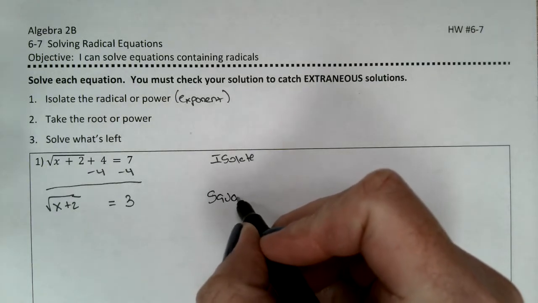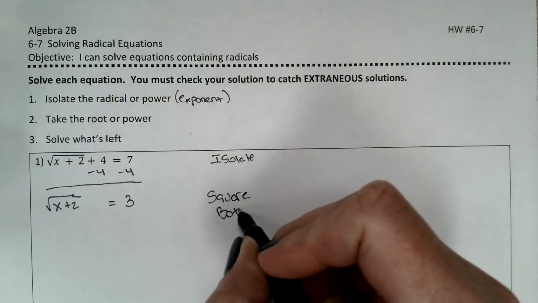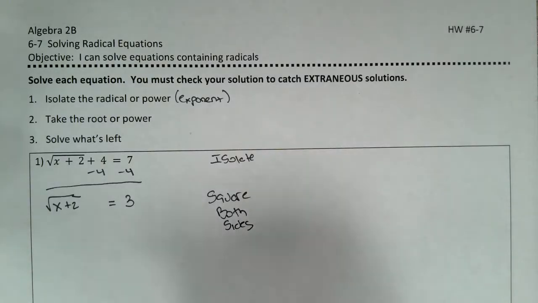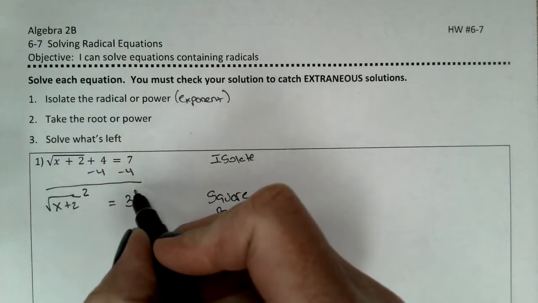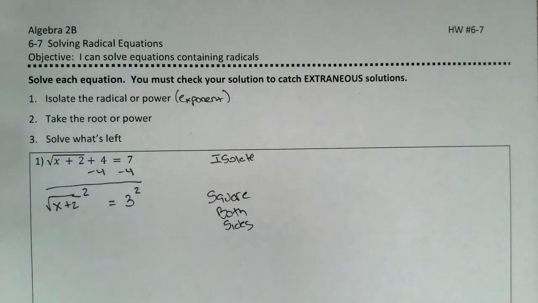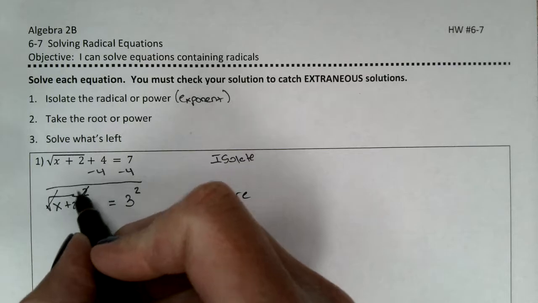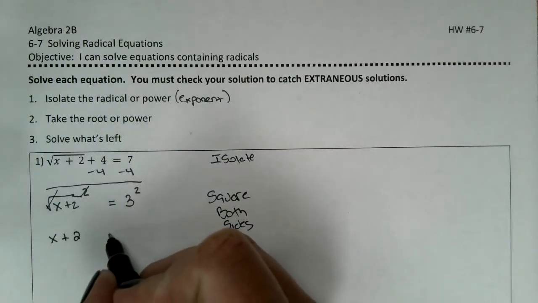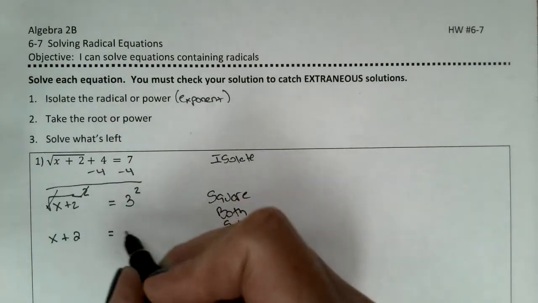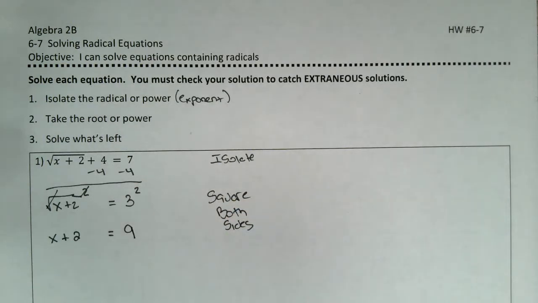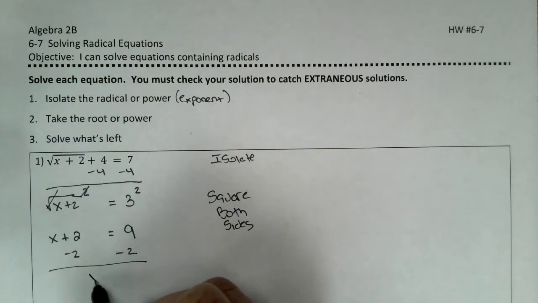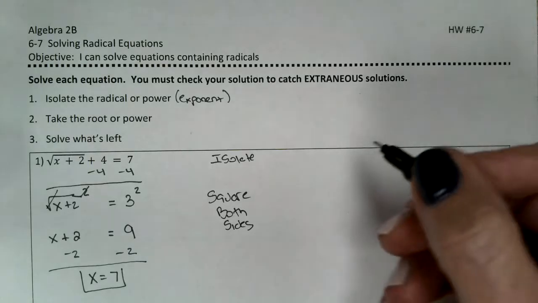And so if you square both sides, that is what will get rid of the radical, because exponents and radicals are operations that undo each other. So that means that I just have an x plus 2 on the left, and 3 squared equals 9. We're going to subtract 2 from both sides, and x equals 7.